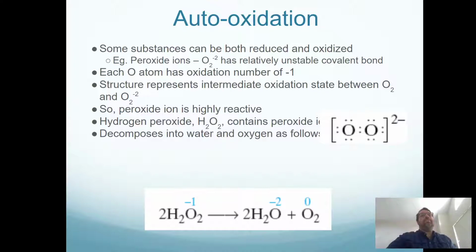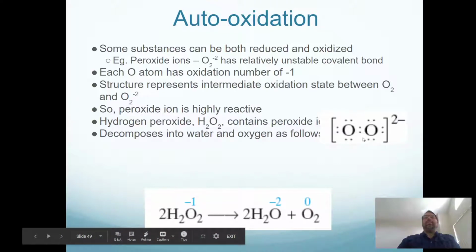You can also have some cases where you have auto-oxidation, and this can happen in something like a lot of peroxides that end up having that extra oxygen group right there, that extra charge going on there.